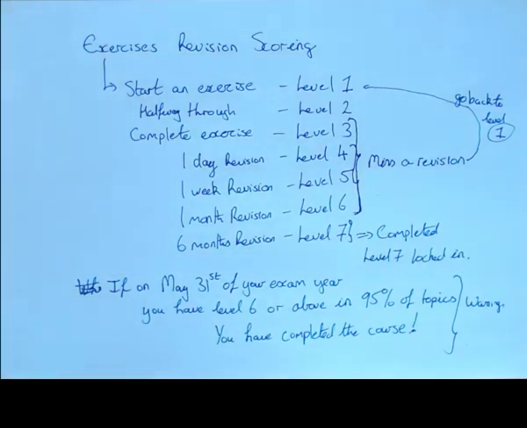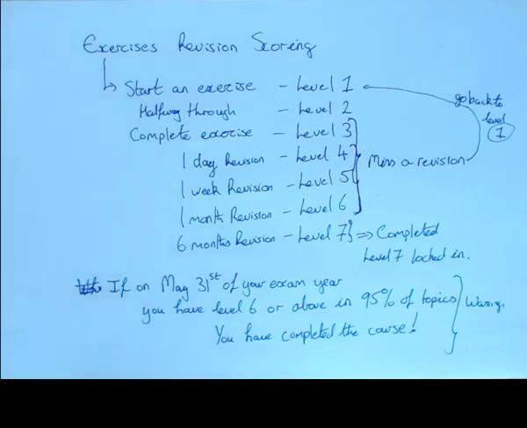When you do your first week revision, you double it again, so your score will be multiplied by 4. In 1 month, it's doubled again, and in 6 months, doubled again. So overall, whatever score you had when you completed the exercise, you will have 2, 4, 8, 16 times that score when you've completed all of your revision.